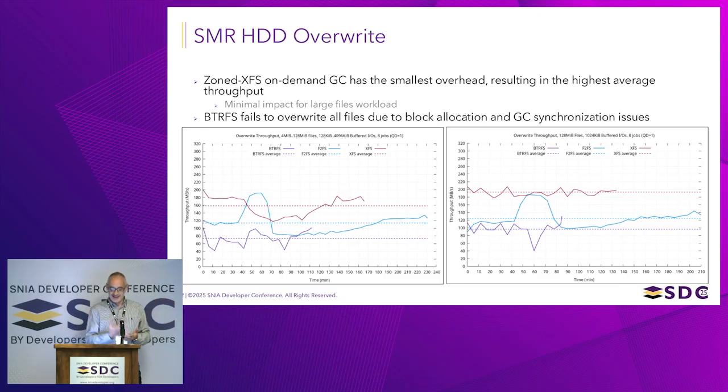But because of the way on-demand GC is done and the fact that the files are very large, they are half a zone, and we are dealing with only a small set of zones where we can write, combine that with both GC and the large file we're writing, you kind of have the GC overhead disappearing here, and you can almost transparently overwrite.